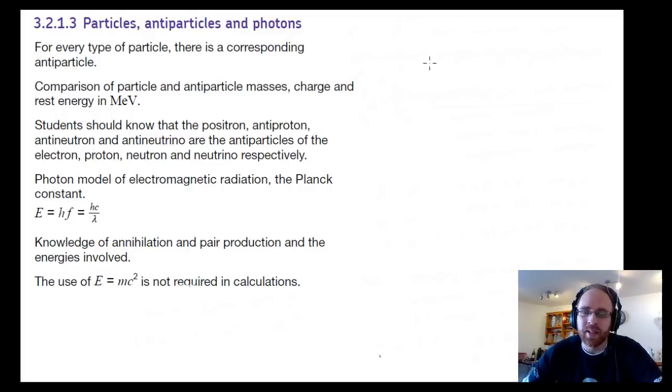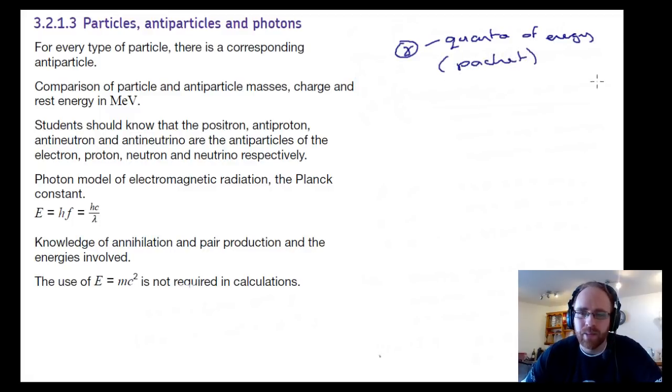So we're going to talk about a slightly different model where a photon is a quantum of energy, a packet of energy, a very small packet of energy that is discrete and only has a certain energy. If we want to know the energy of that photon, then we can do Planck's constant h multiplied by the frequency.